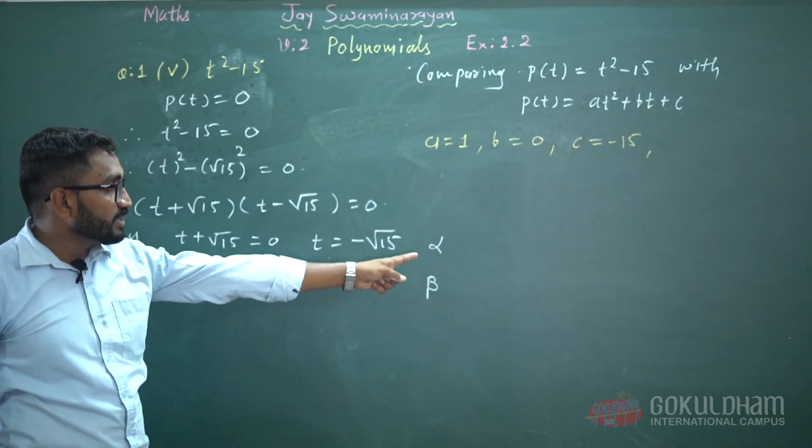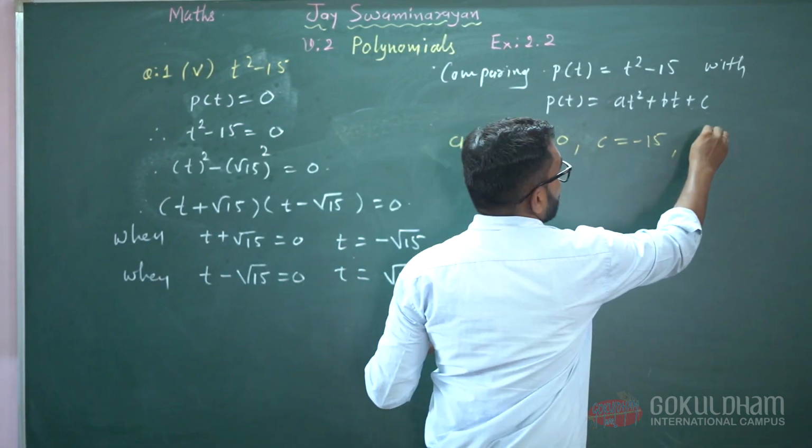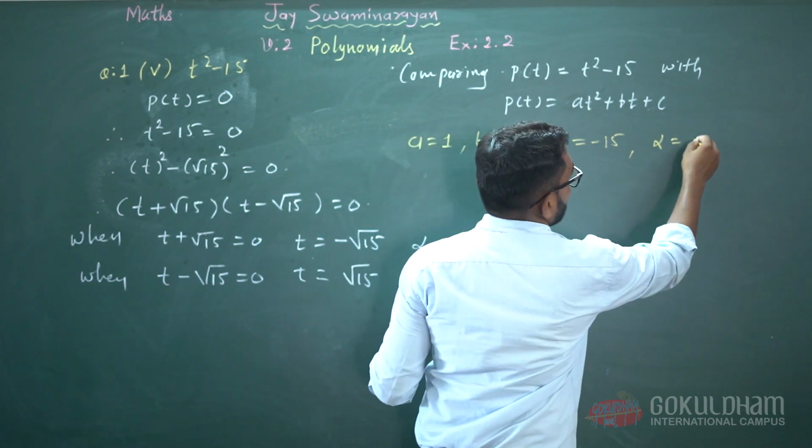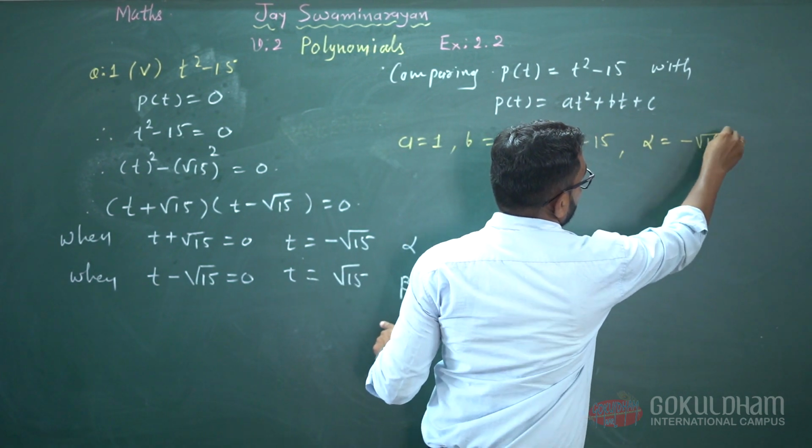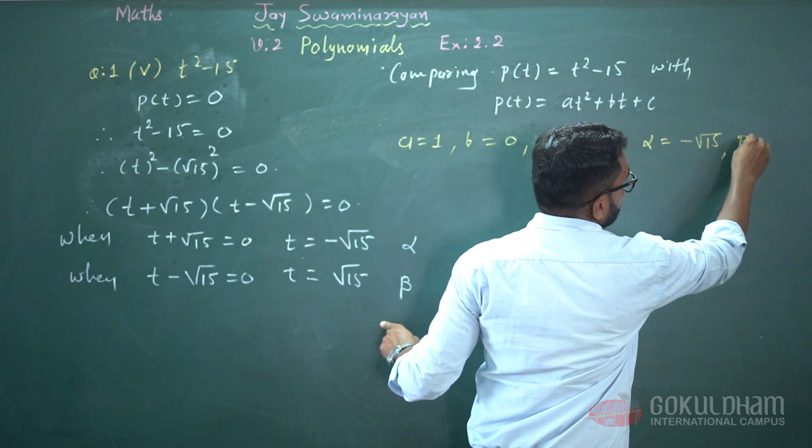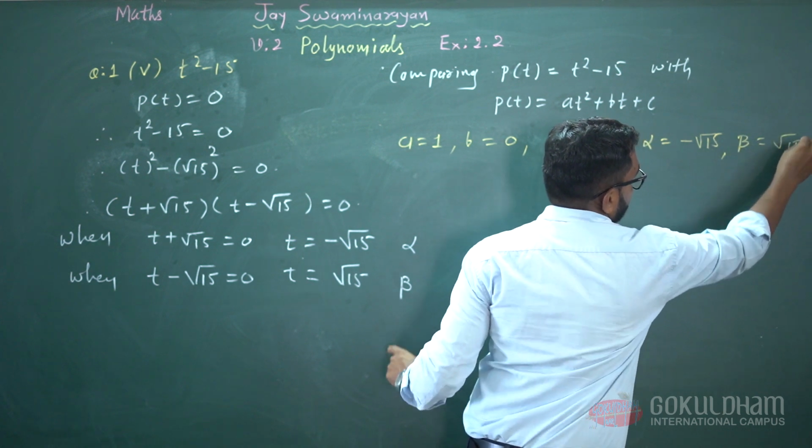The zeros of this polynomial are alpha equal to minus root 15 and beta equal to root 15.